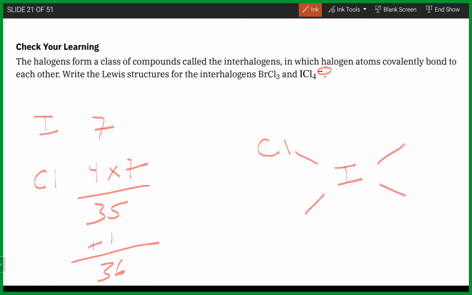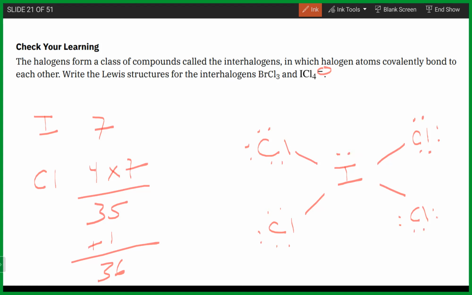We'll do 4 chlorines and fill in the valence shells of each of them. And then by doing that, we've used now 32 electrons total. So we've got 4 more to work with.